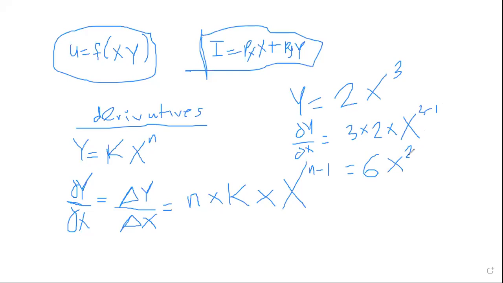All right? Another example. Y is equal to x to the power 4. So the derivative of y with respect to x will be 4 times x to the power 4 minus 1, which is 3. Note that in this case k is 1, but we don't write it.